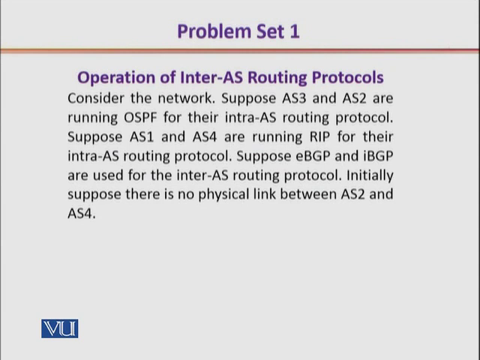Suppose autonomous system 3 and autonomous system 2 are running open shortest path first for their intra-autonomous system routing protocols. If autonomous system 1 and autonomous system 4 run routing information protocol as intra-autonomous system routing protocols, and also suppose that exterior BGP and interior BGP are used for inter-autonomous system routing protocols.